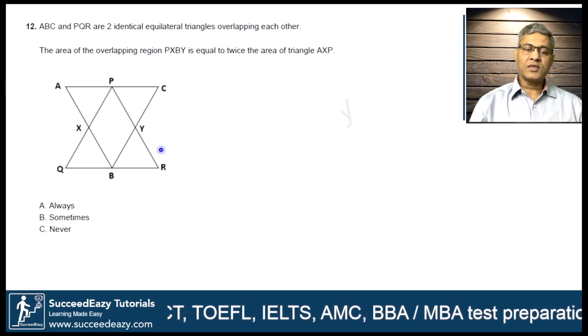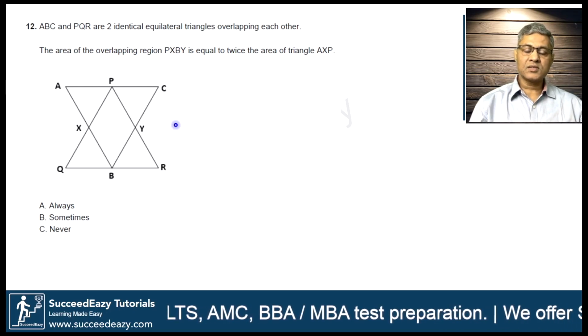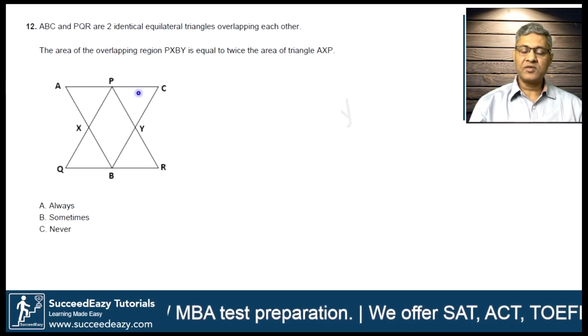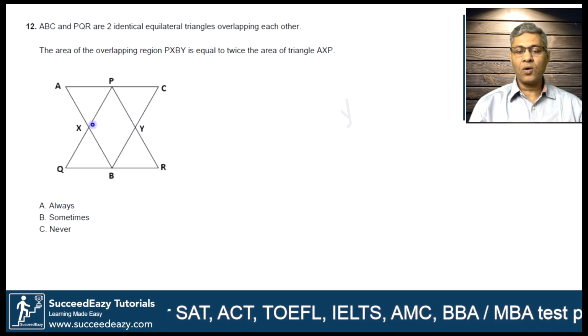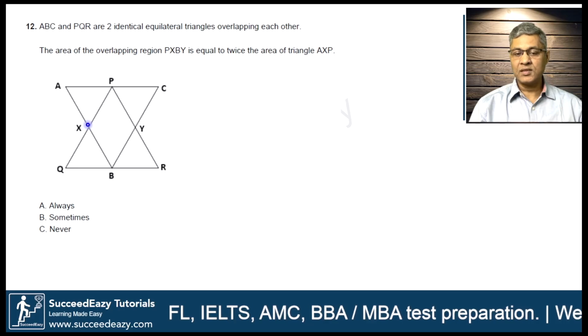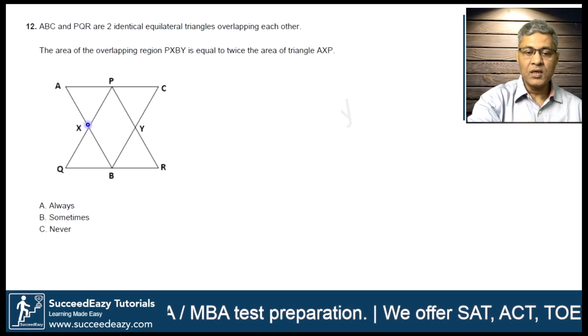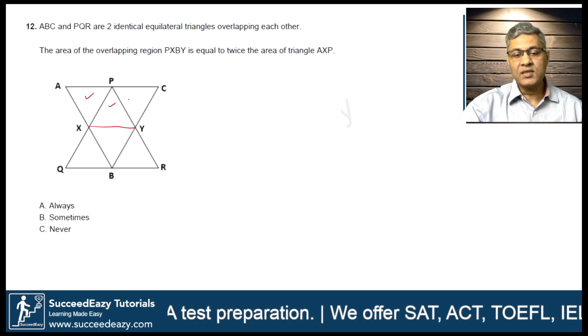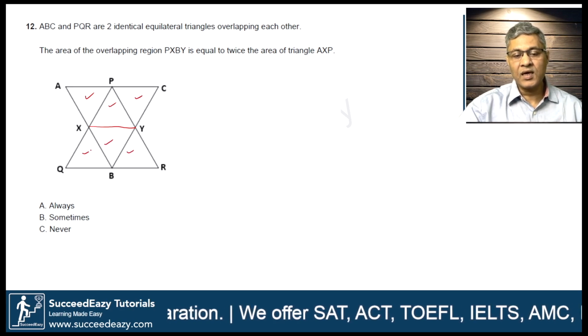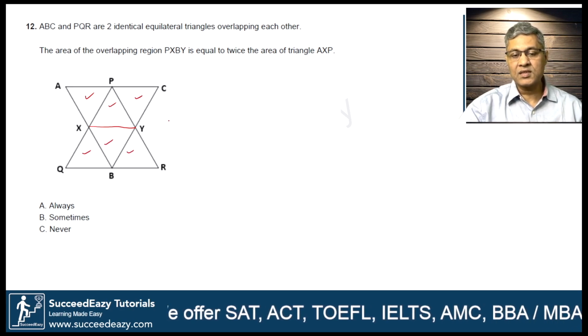Now at the very outset, as I said, this looks to me a very symmetrical figure. So it looks like if you just join X to Y, then you will end up with all equilateral triangles, isn't it? Let me make it for you. What I mean is that if you just join this, it seems that this and this will make 6 congruent triangles.